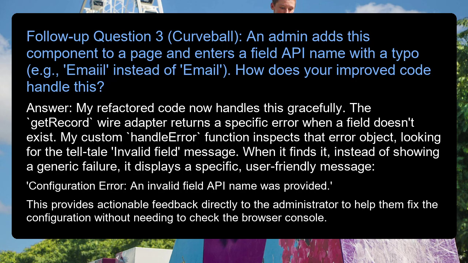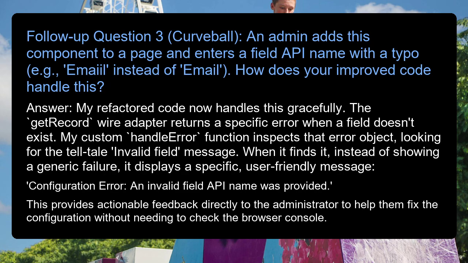My custom handleError function inspects that error object, looking for the telltale invalid field message. When it finds it, instead of showing a generic failure, it displays a specific, user-friendly message: configuration error, an invalid field API name was provided. This provides actionable feedback directly to the administrator to help them fix the configuration without needing to check the browser console.